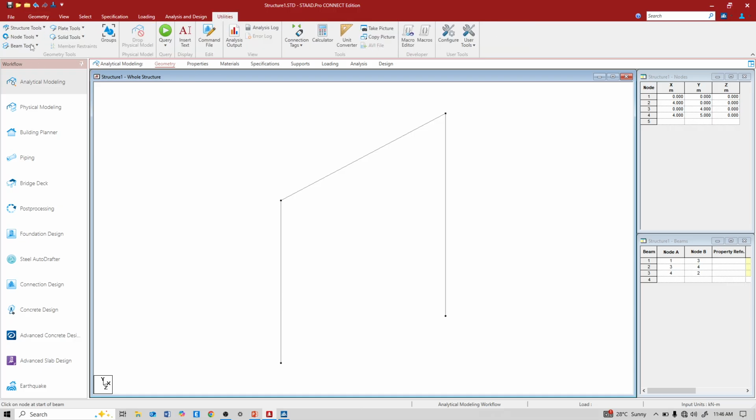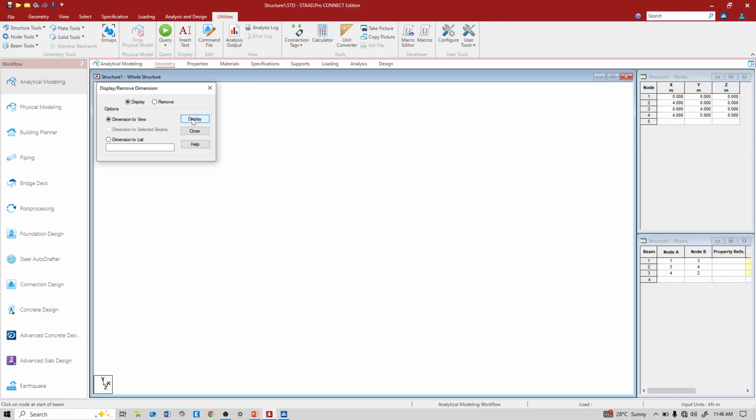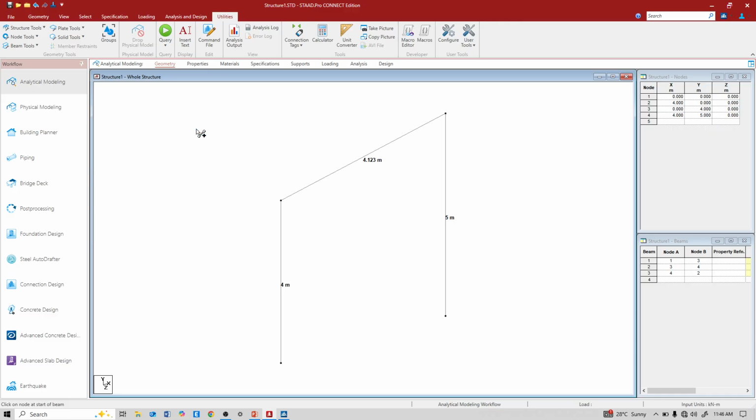Now go to utilities, beam tools, dimension beams, display. See our dimensions are 0 node, this is 4 meter, this is also 4 meter. Why is 4.125 shown?